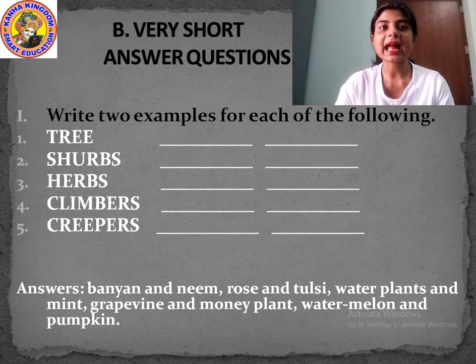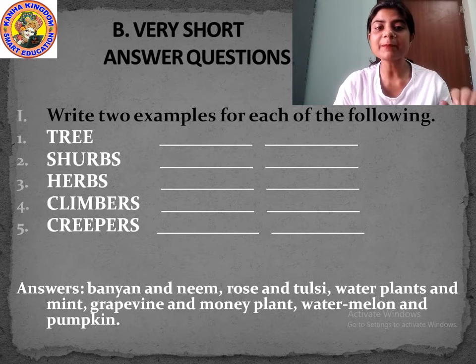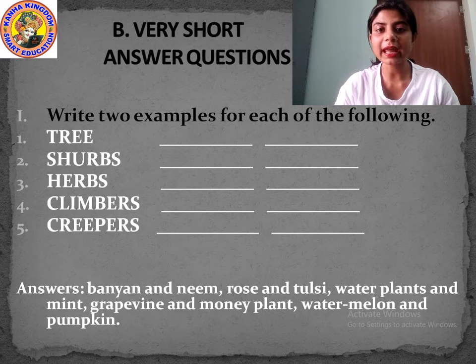Okay, then climbers. Name of two climbers, C-L-I-M-B-E-R-S, climbers, that is grapevine, G-R-A-P-E, grape, V-I-N-E, grapevine, and money plant, M-O-N-E-Y, money, P-L-A-N-T, money plant. Okay. Then comes number 5, that is creepers, C-R-E-E-P-E-R-S, creepers.